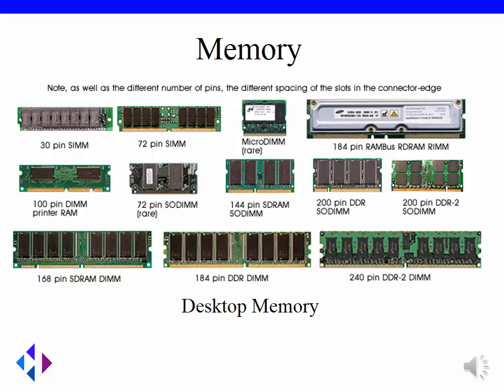The more modern ones are the 240-pin DDR2 DIMMs, which are still in the $100 range, anywhere from $16.80 up to $150 for 16 gigs of RAM, compared to the 30-pin SIMM that you see in this photo, which was 16K of RAM. So basically in a span of about 15 years, they increased the size of the RAM 1,000-fold.